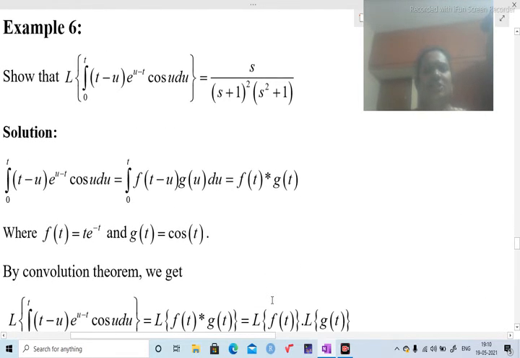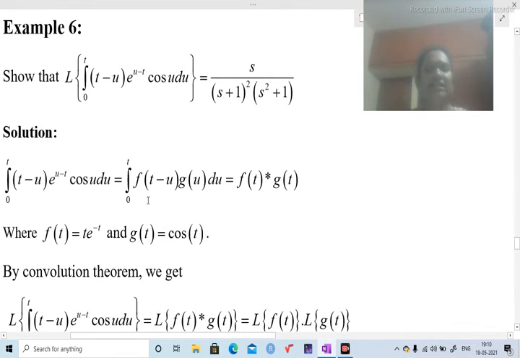Next one, show that L of integration 0 to t of (t minus u) e power (u minus t) cos u du equals s by (s plus 1) whole square into (s square plus 1). So, take integration 0 to t of (t minus u) e power (u minus t) cos u du. Take this total function as f of t minus u, cos u as g of u, du.